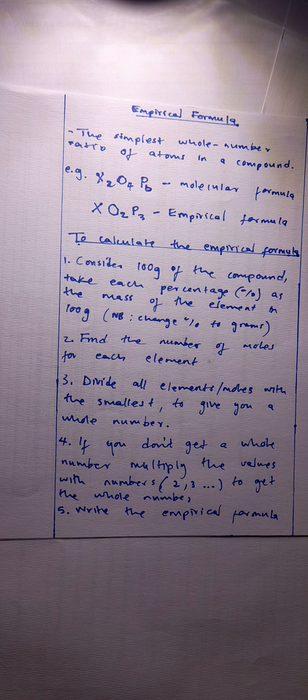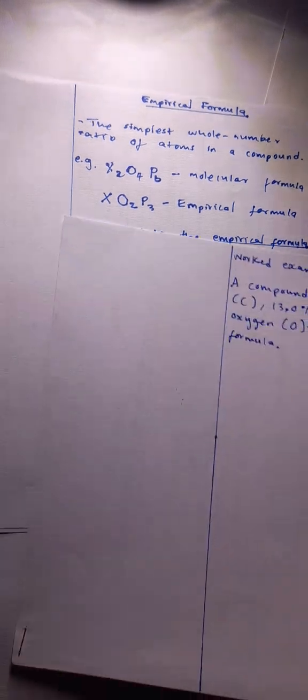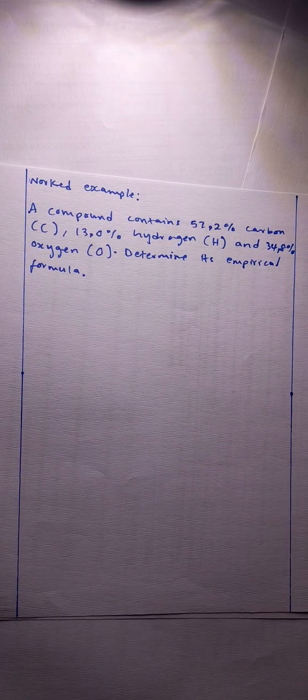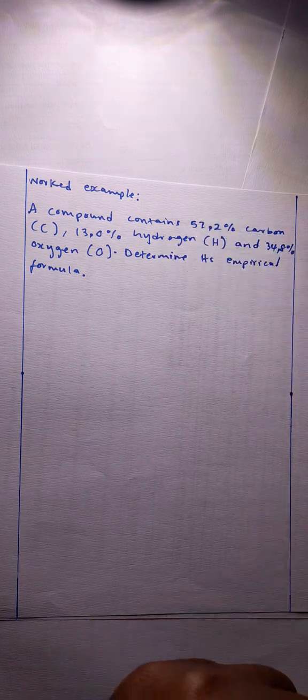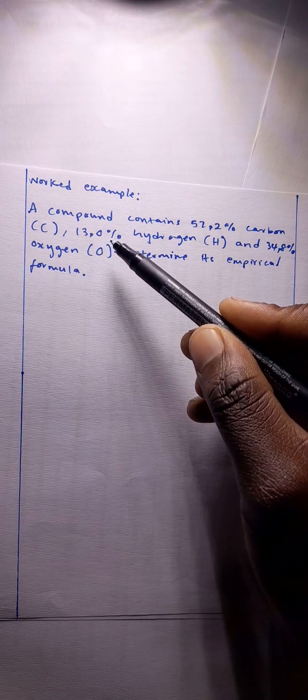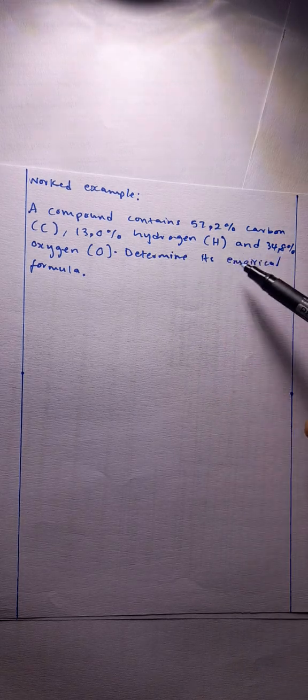Okay, first example. Can you see that? This is a worked example. Now, a compound contains 52.2% of carbon and 13.0% hydrogen and 34.8% of oxygen.